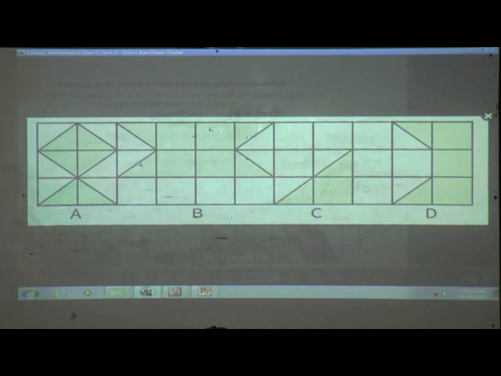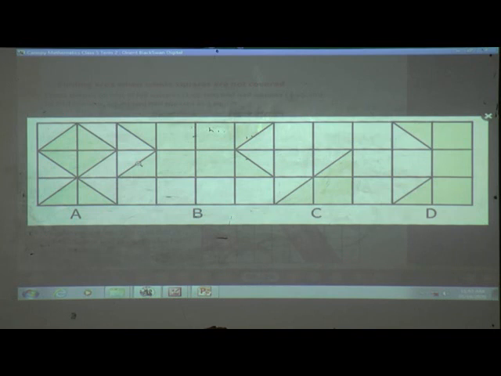These shapes consist of full squares, 1 square centimeter, and half squares, that means half square centimeter. To find the area, count 2 half squares as 1 square centimeter. That means instead of 2 half squares, take 1 square centimeter.